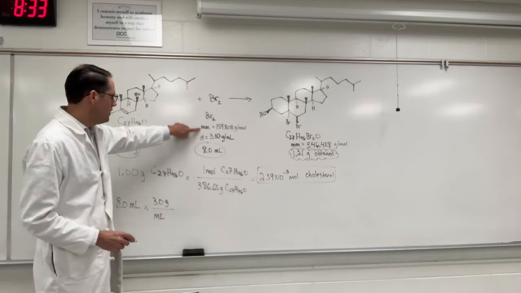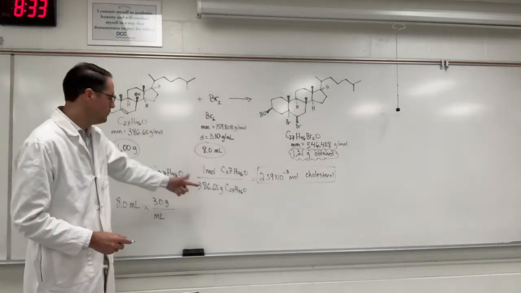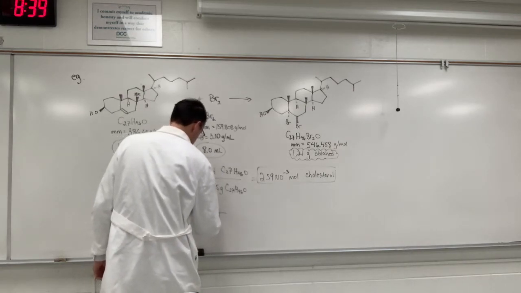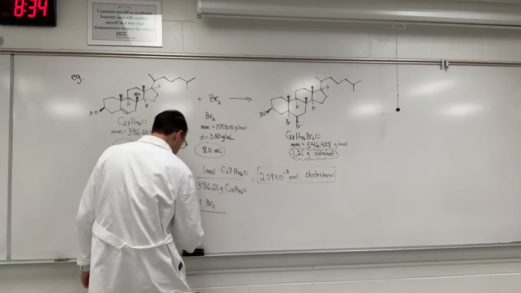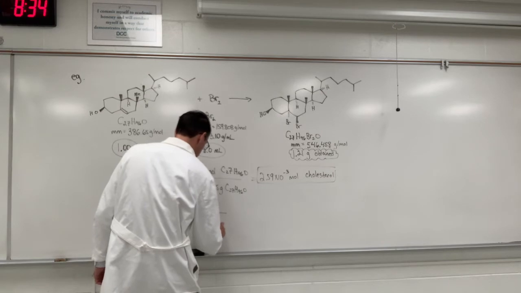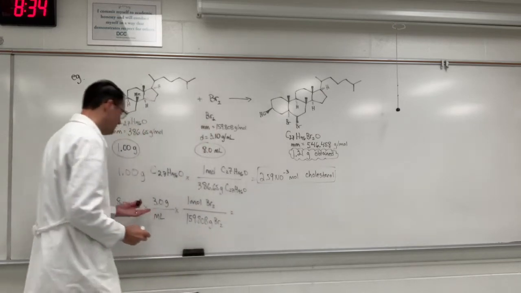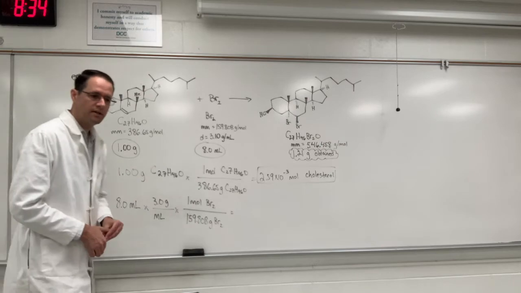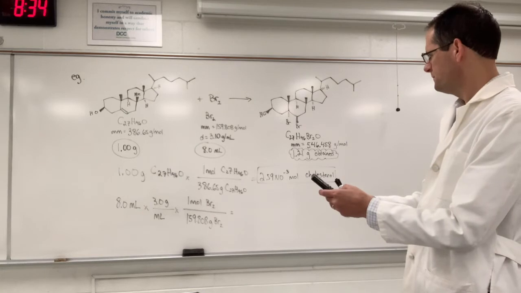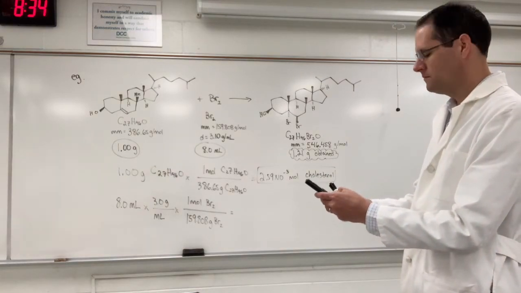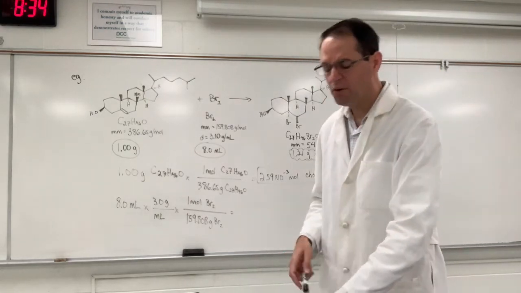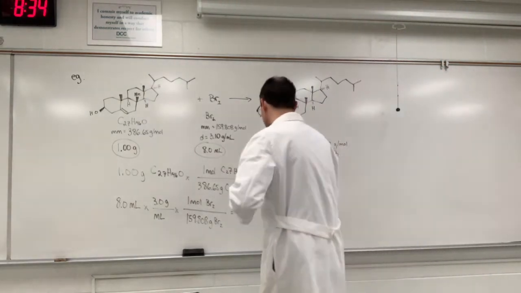And then we do the same thing as before. We divide by the molar mass. Let's punch all this into our calculator and see how many moles of bromine we have. I get 0.15 moles.